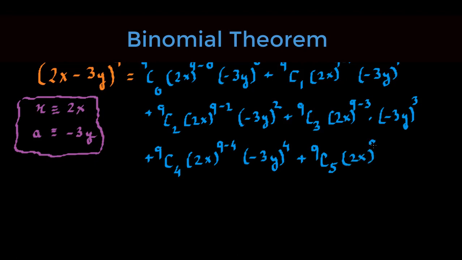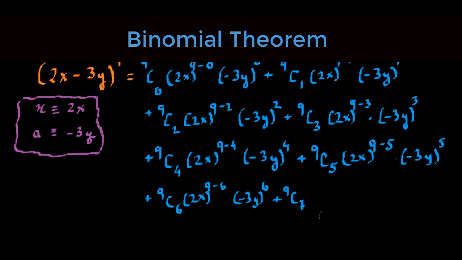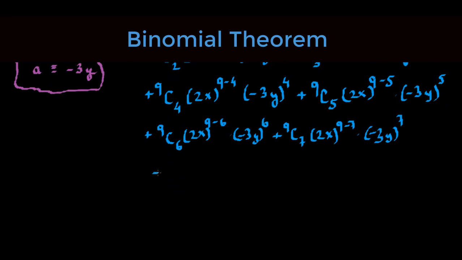Let's do it slowly and steadily. 9 minus 5 times negative 3y whole raised to the power 5, plus 9C6 (2x) raised to the power 9 minus 6 times negative 3y raised to the power 6, plus 9C7 (2x) raised to the power 9 minus 7 times negative 3y raised to the power 7, plus 9C8 (2x) raised to the power 9 minus 8 times negative 3y raised to the power 8.